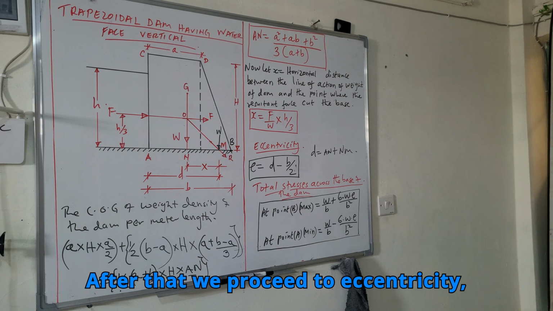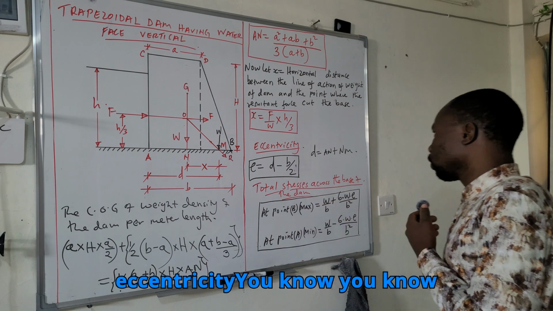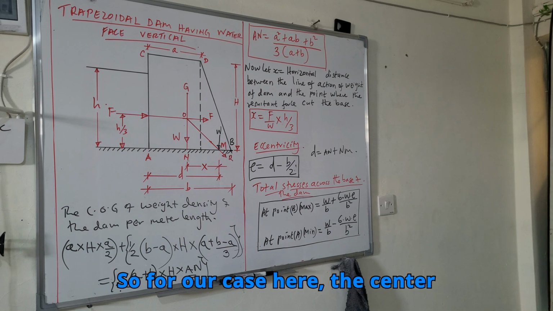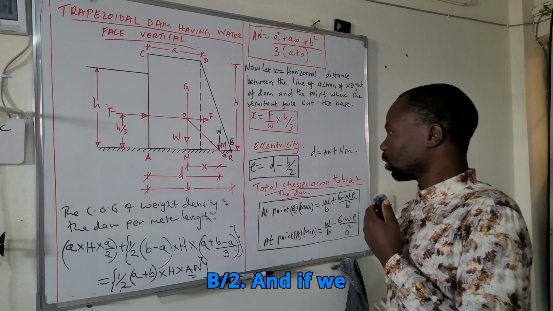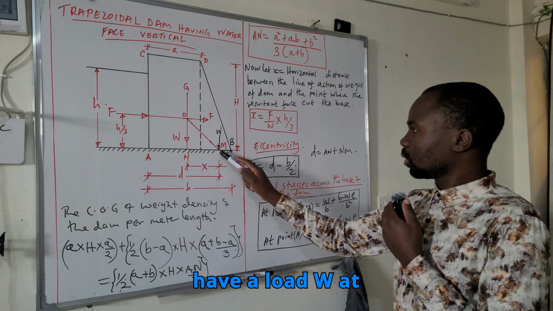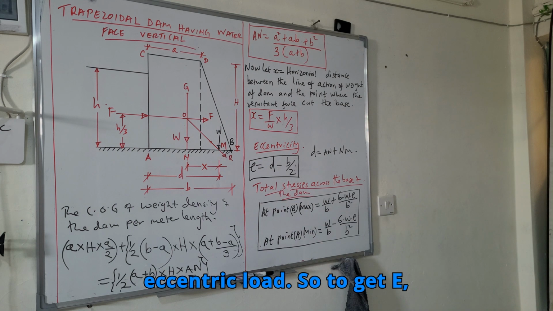After that, we proceed to eccentricity. You know that eccentric is away from the center of an object. For our case here, the center of this dam is at B over 2. If we have a load W at point M, that one will be our eccentric load.